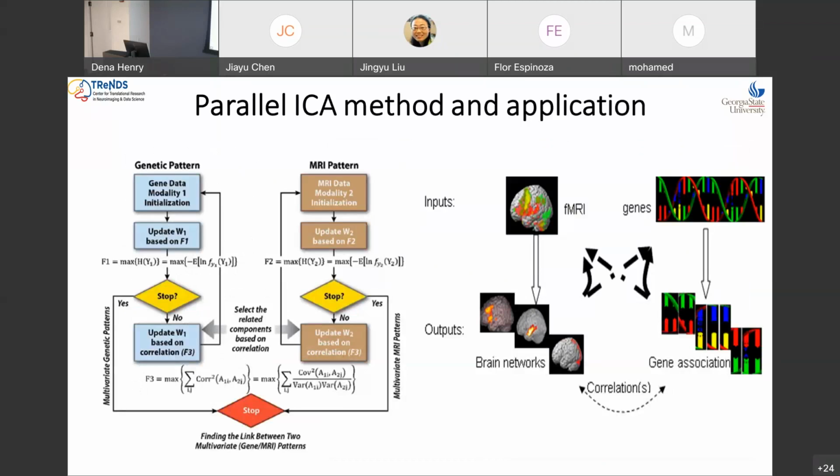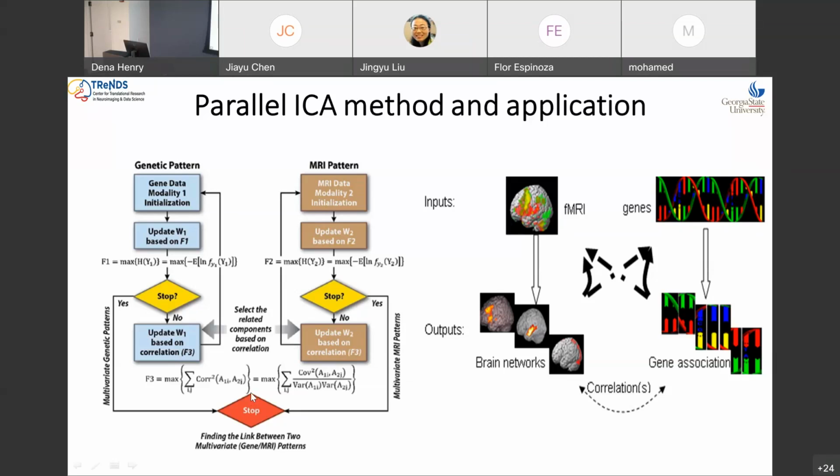Next I will move on to another group of methods, which is based on parallel ICA. The main difference between parallel ICA and those CCA-based approaches is that parallel ICA prioritizes the independence part rather than the correlation part. In parallel ICA, you first do ICA separately on the 2 data modalities to make sure you have independent components.